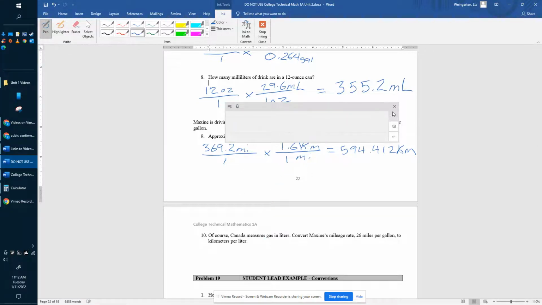Question 10, they want us to convert miles per gallon to kilometers per liter. So this is our first example where we're going to have a unit on the bottom. We have 26 miles per gallon.